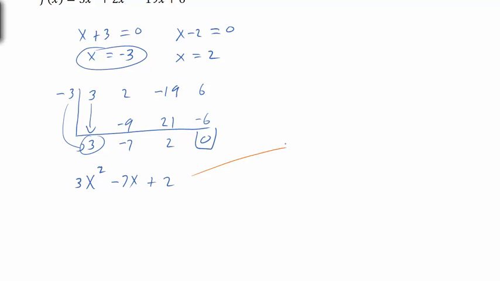We could actually go over here and we could factor this trinomial. We simply have 3x squared minus 7x plus 2. We could factor this as 3x and x is 3x squared. And then 2 would be, looks like -1 and -2. So we could certainly do that.